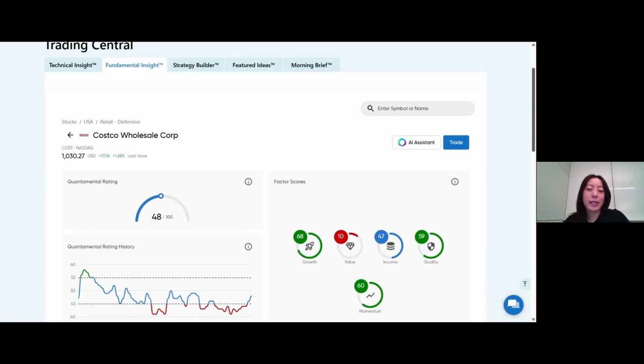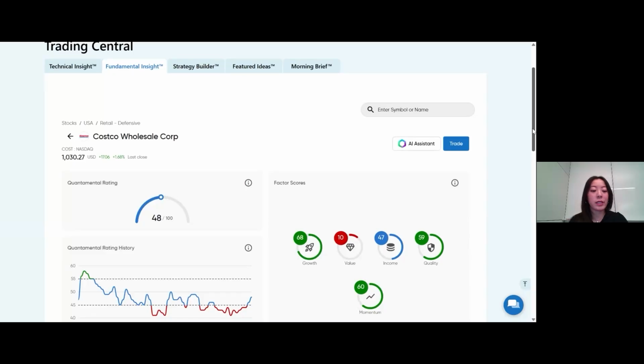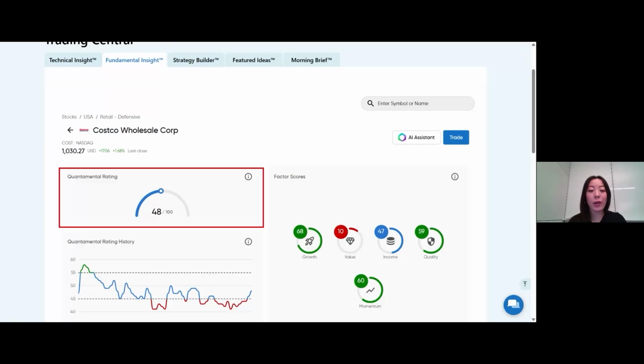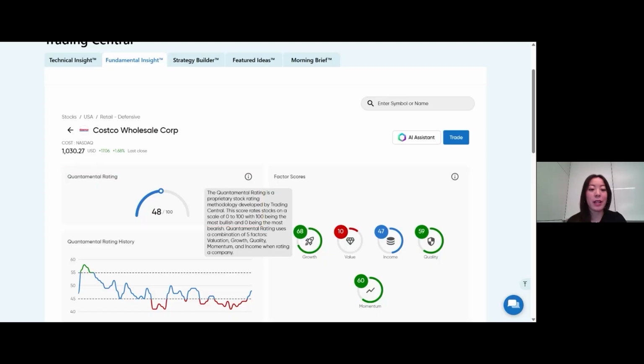The tool analyzes a company across 5 different investment factors: growth, value, income, quality, and momentum. All of this is summarized into a single easy-to-understand score called the TC Quantamental rating. That is on the left-hand side here, and you see that Trading Central gives Costco a rating of 48 out of 100.